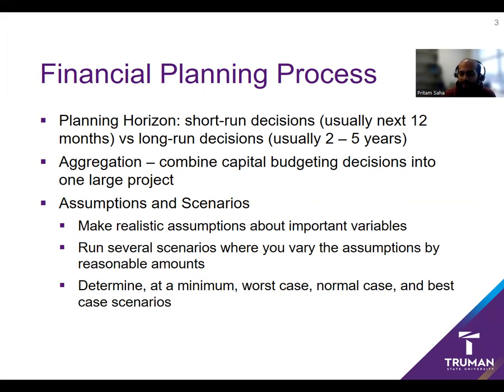Then we can combine everything together and think about one project at a time. But initially, for taking any new business or new project, we have to identify what the short-run decisions are, maybe net working capital, and what the long-run decisions are, maybe investing in assets. Then we can aggregate them together and think about one project.